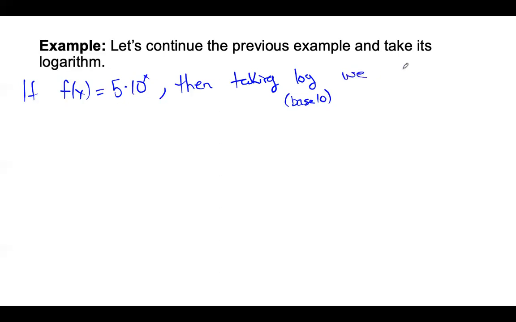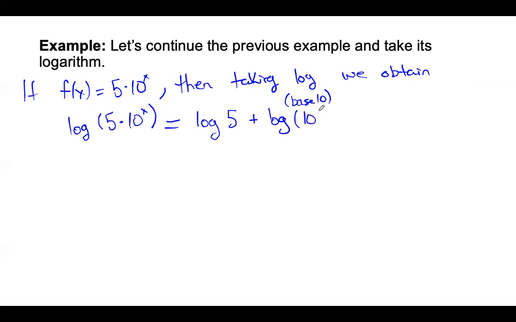So we're going to obtain log of 5 times 10 to the power x. Now we know how to separate this out. This is why I reviewed logs with you. So this would be log 5 plus log 10 to the exponent x.